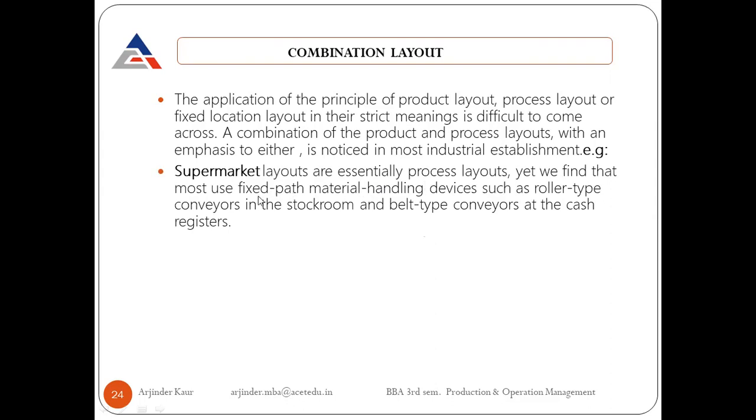Yet we find that most use fixed path material handling devices such as roller type conveyors in the stockroom and belt type conveyors at the cash registers, which is a feature of product layout.